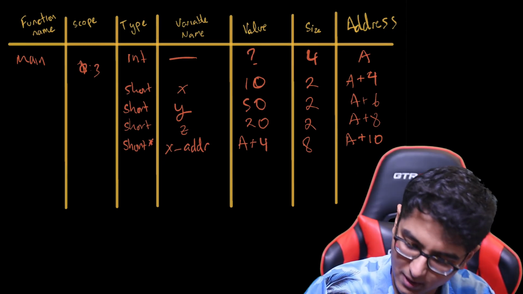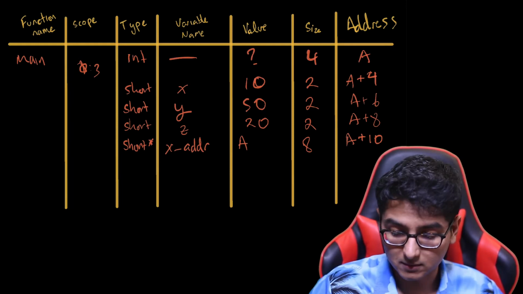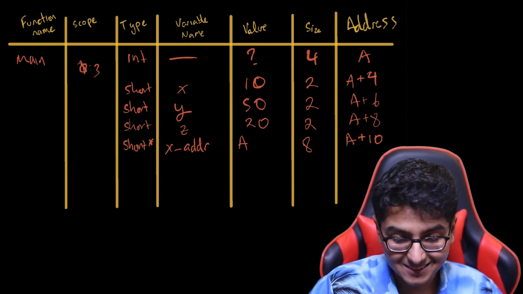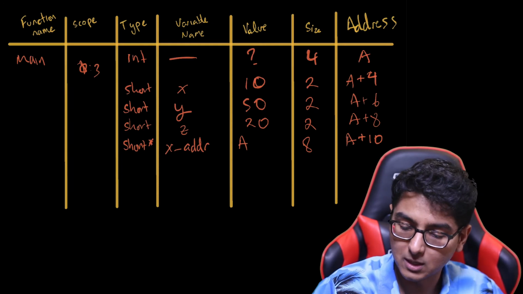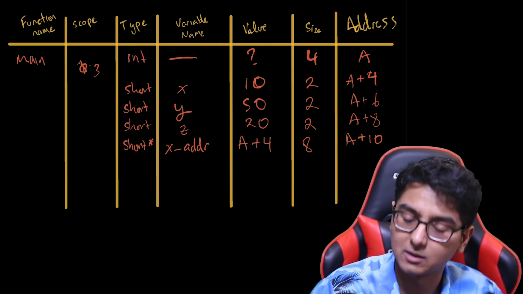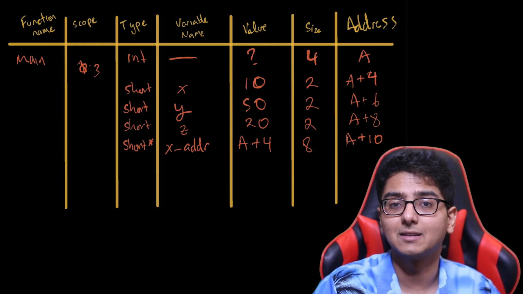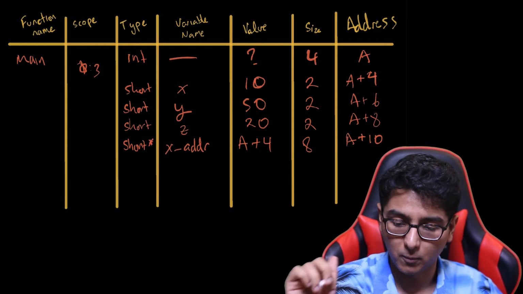For example, what if you just had the variable a here? How do you know that this is incorrect? Because a is an address in our memory table. However, a is not a short type. So an easy way for the computer to know exactly what you care about is going to be marking it specifically to be a short pointer. In fact, this is not a convenience. This is something you must do for your code to compile.